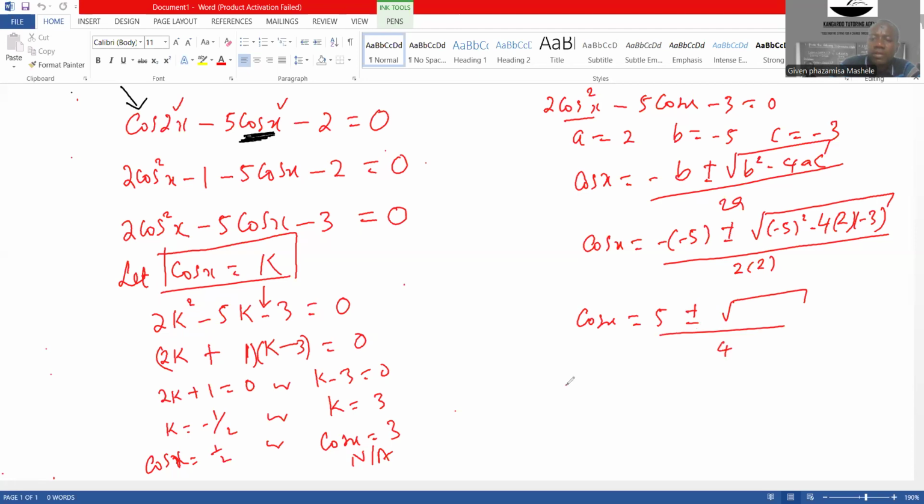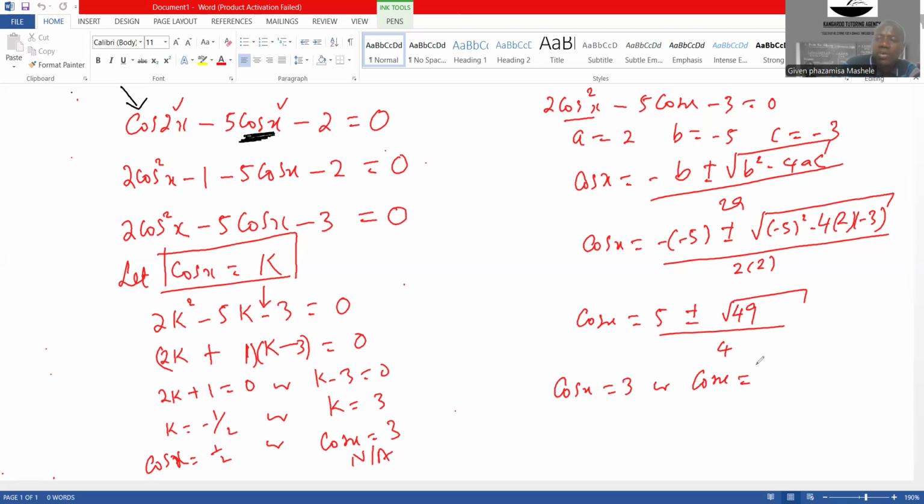So we say 25 minus 4 into 2 into minus 3, then this gives us 49. So the first one will be 5 plus the root of 49 divided by 4, which gives us 3. Or cos x is 5 minus the root of 49 divided by 4, which gives us negative half.